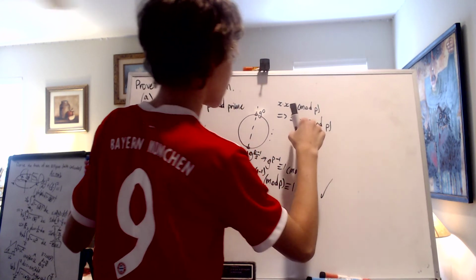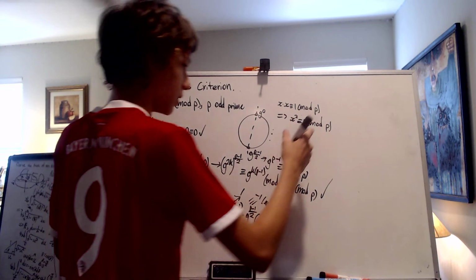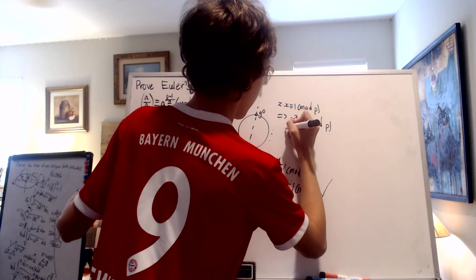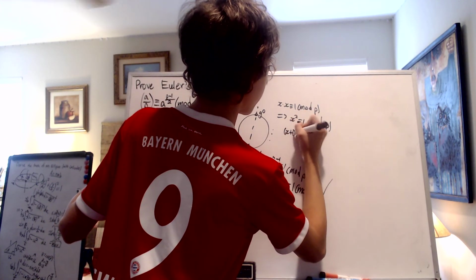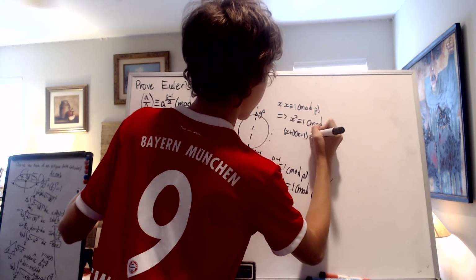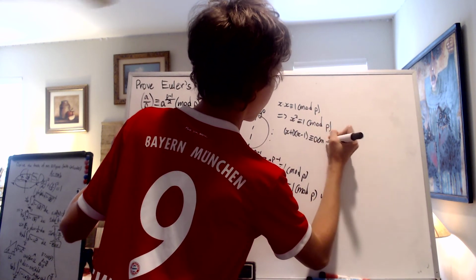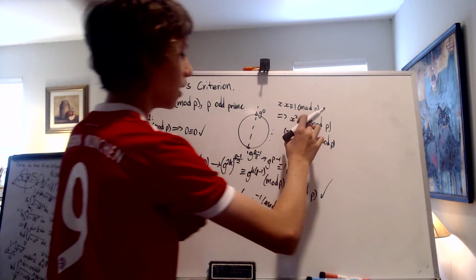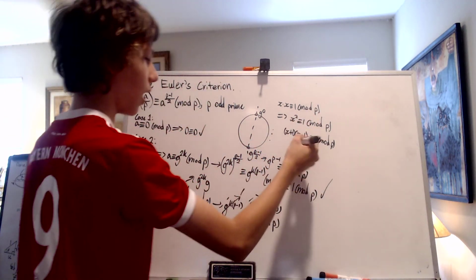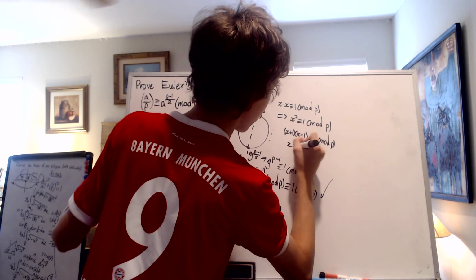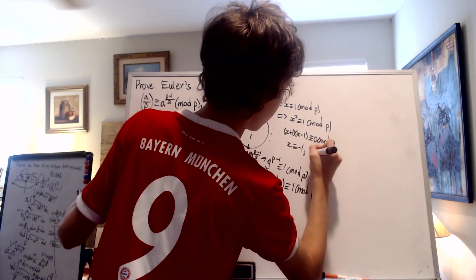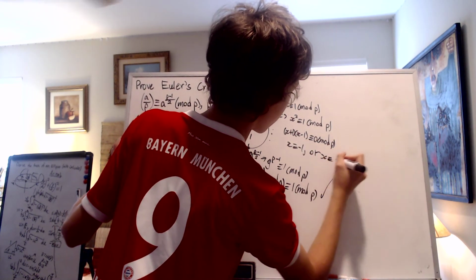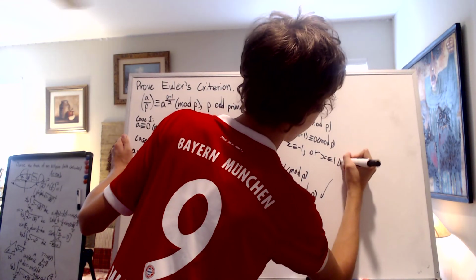By subtracting 1 on both sides and using difference of squares, we get that x plus 1 times x minus 1 has to be congruent to 0 mod p. And using the fact that p is prime, p divides one of them, so either x is congruent to -1 or x is congruent to 1 mod p.